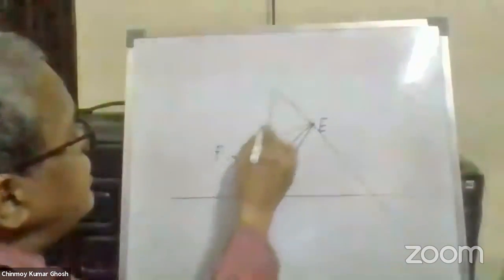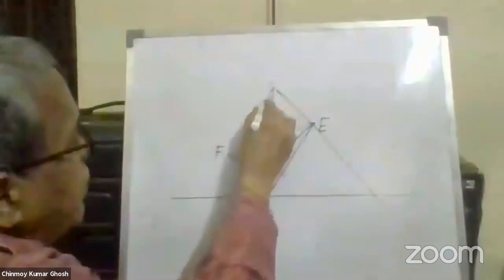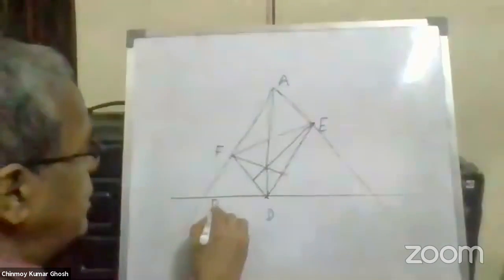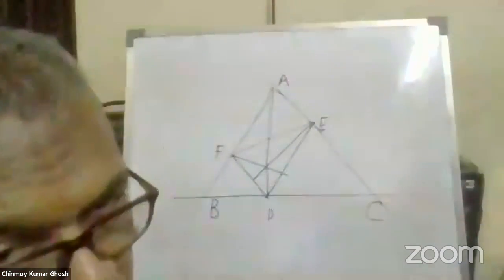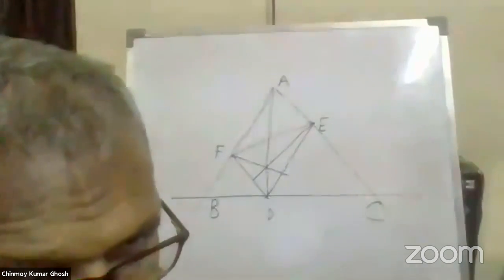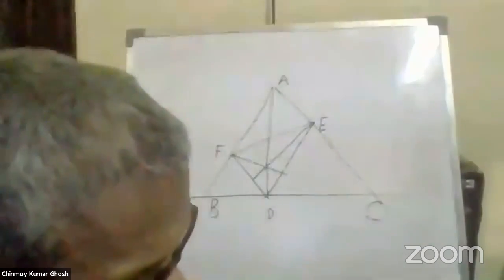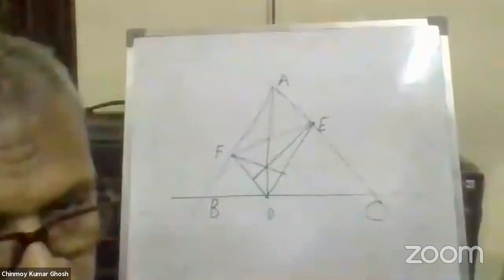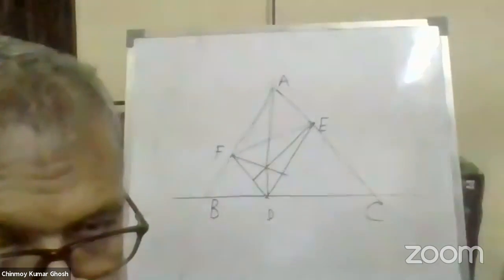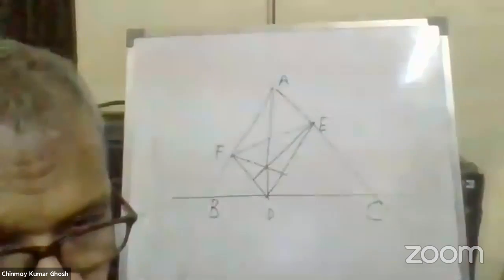This is another angular bisector, you draw the perpendicular. So you get the triangle ABC. That is how you arrive at the original triangle starting from those 3 points, the feet of the perpendiculars from the vertices to the opposite sides.